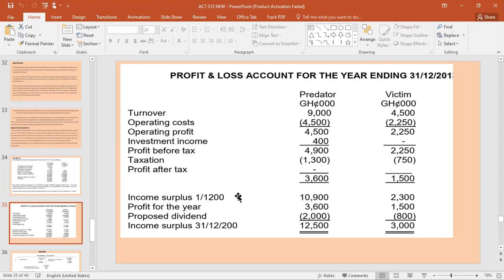So you strike 50% because you are having 50% in victim. You strike 50% on the 2,250, and that is what you write there as share of associate profits. How much are you getting? $1,125. That's fine.